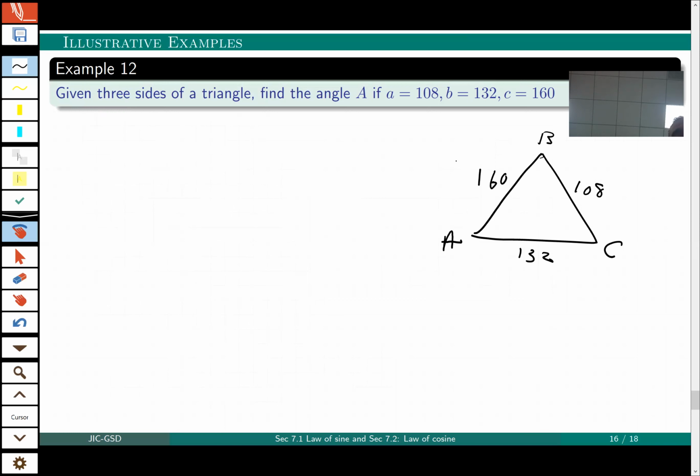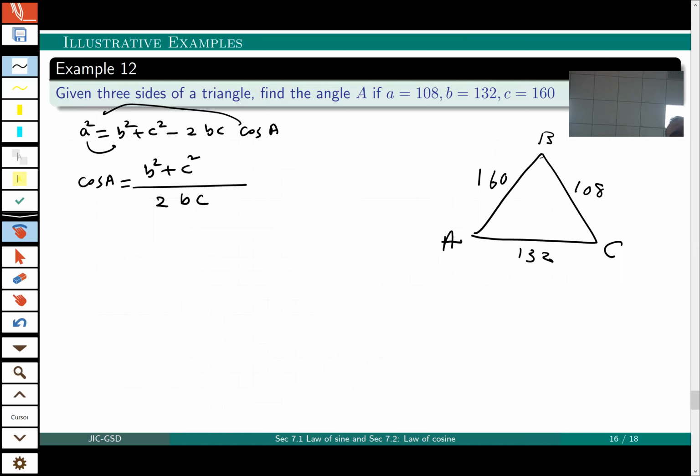So therefore, we will say A squared is equal to B squared plus C squared minus 2BC cosine the angle A, which means cosine A, if we rearrange it, will be B squared plus C squared, that will be moved there, and that will be moved there, so minus A squared, divided by 2BC.